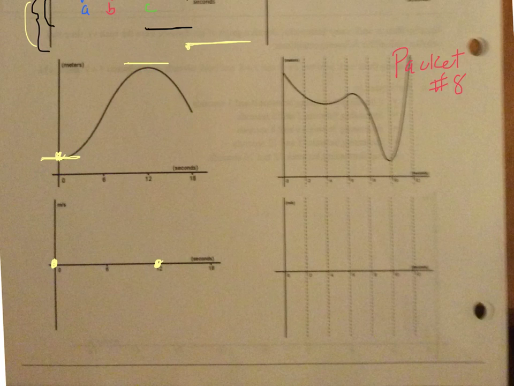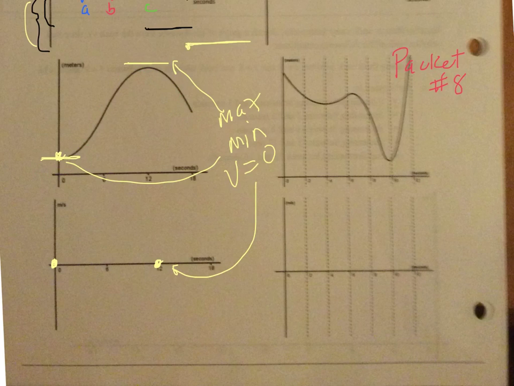So that happens at my max and min of the function. My velocity equals 0 there. And so I show that again on the x-axis.